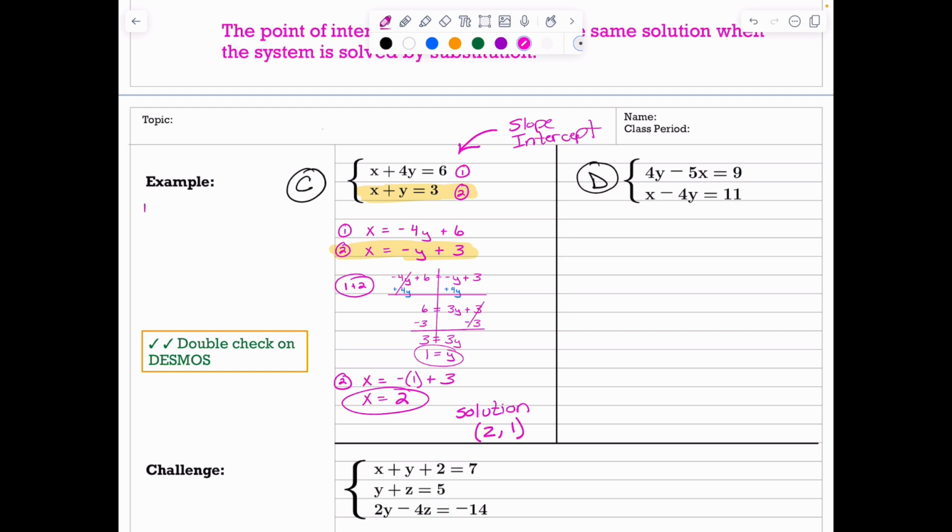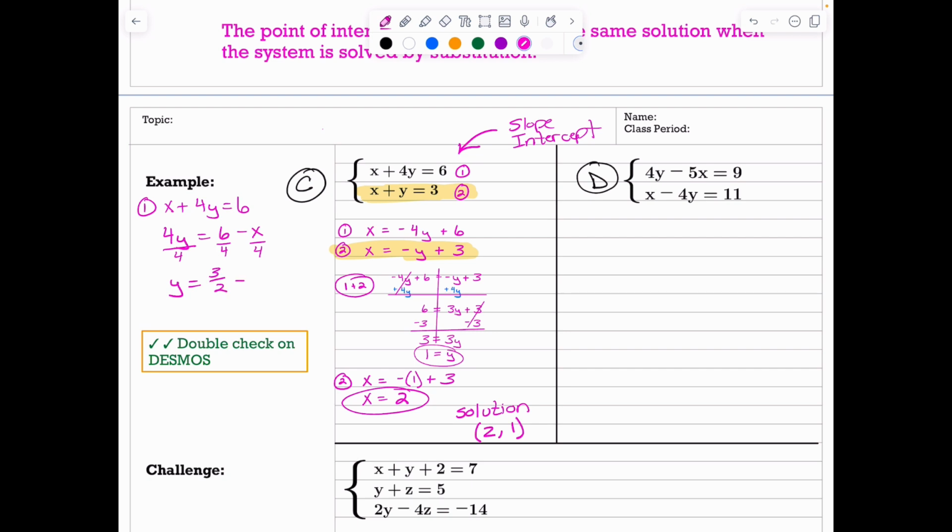All right, so my first equation, I've got x plus 4y is equal to 6. And I'm putting this in slope-intercept. I'm going to move the x to the other side, and then divide everything by 4. So when I divide, I'm just going to put it underneath here. 4y divided by 4 is just plain old y. 6 over 4, that's going to simplify to 3 halves.